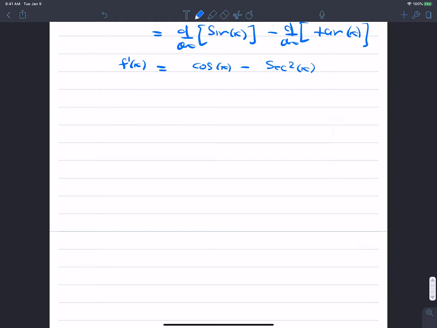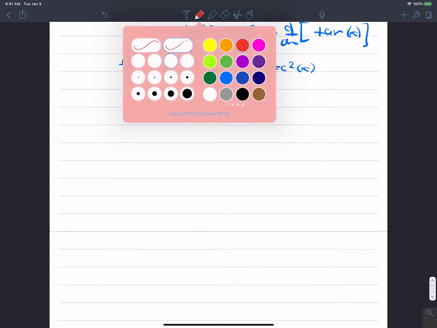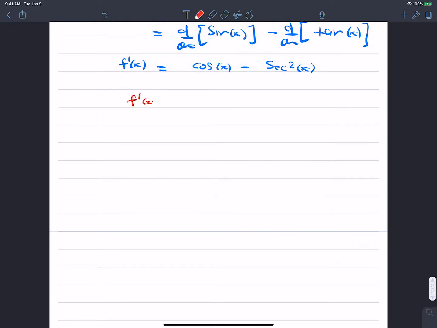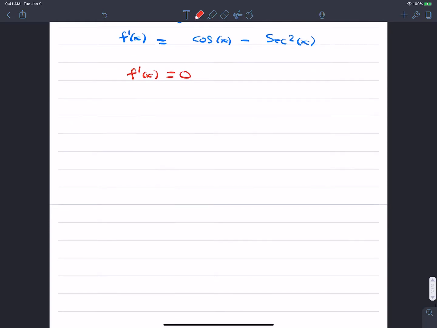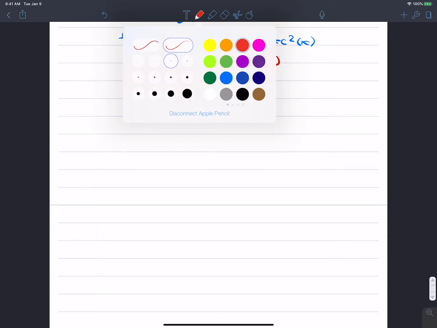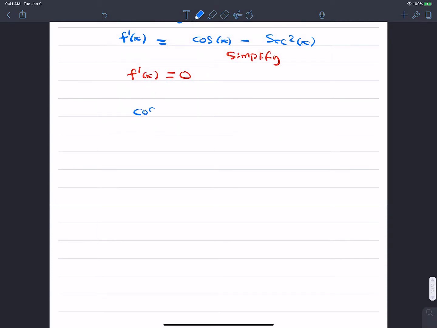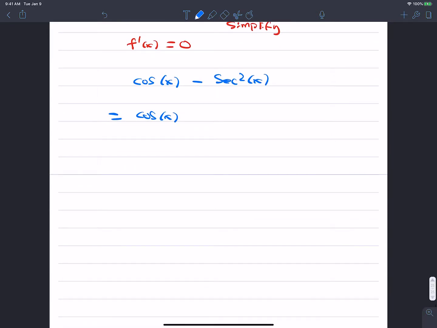Now remember, what you're going to have to do eventually is set this derivative equal to 0. Is that right? So I'm going to do some subtraction here. I'm going to simplify this algebraically. Because here's what we know: cosine minus secant squared, by our identities.